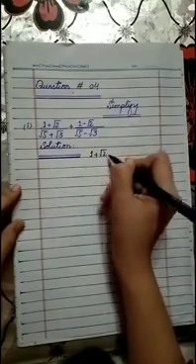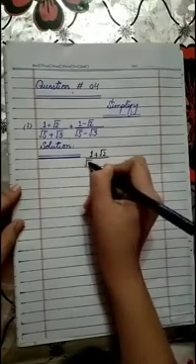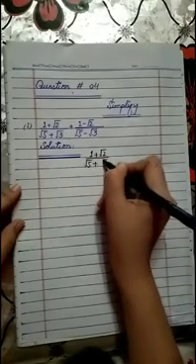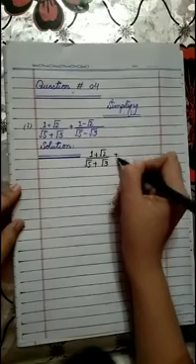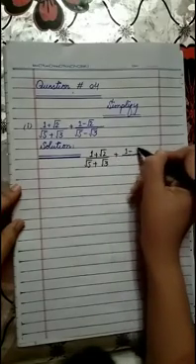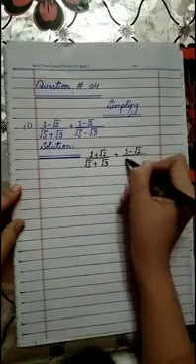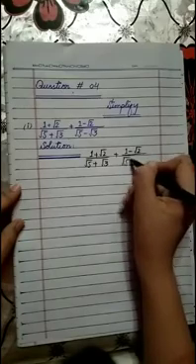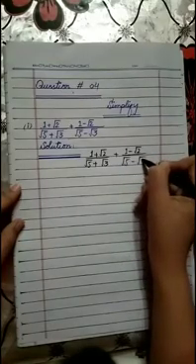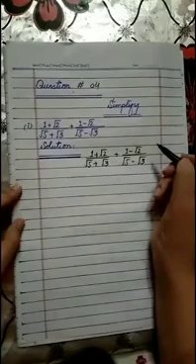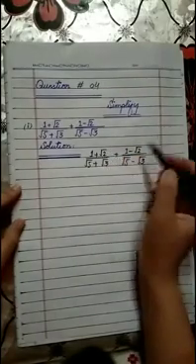Let's write the given value first: 1 plus square root 2 over square root 5 plus square root 3, plus 1 minus square root 2 over square root 5 minus square root 3. Fine.